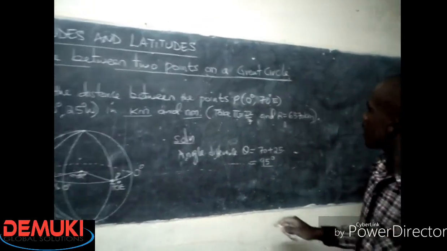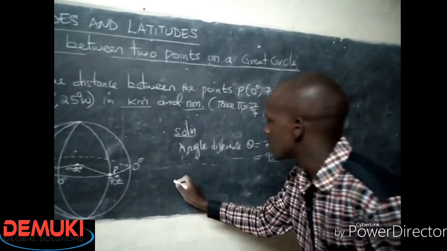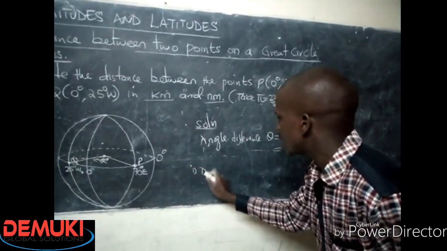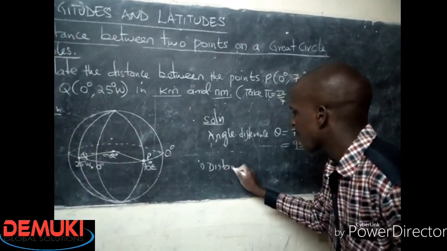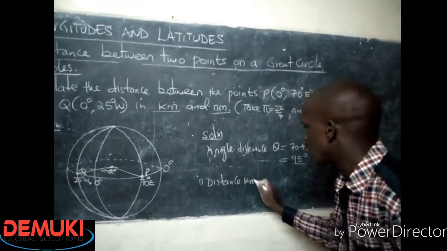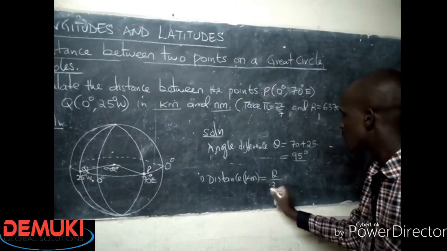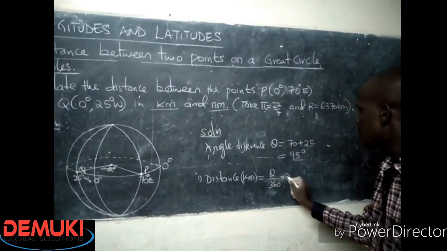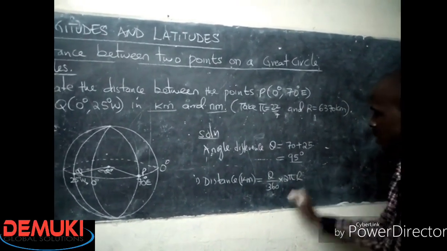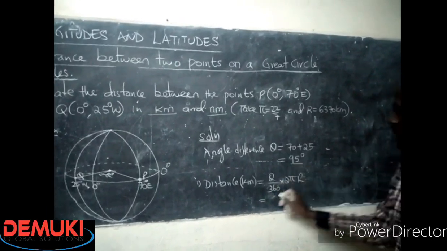So now we can do the calculations, and we shall begin by getting the distance in kilometers. Distance in kilometers should be given by the angle difference over 360 times 2 pi r. Now what is our theta? Theta is 95.